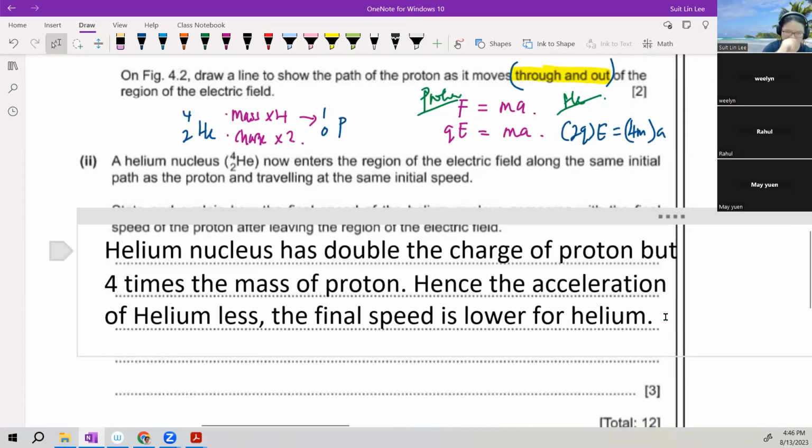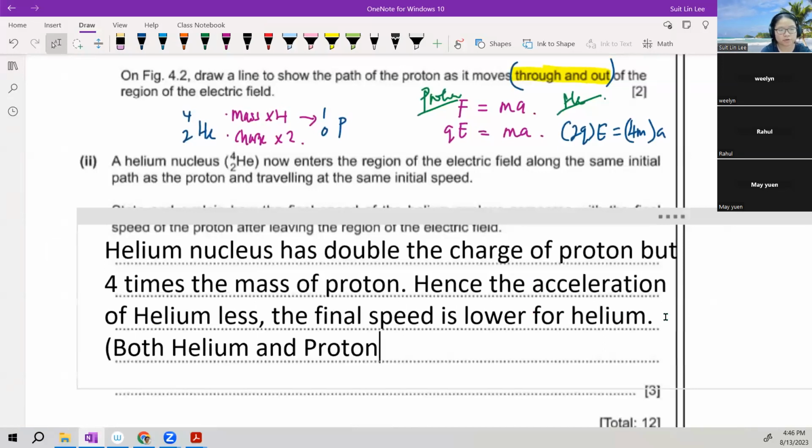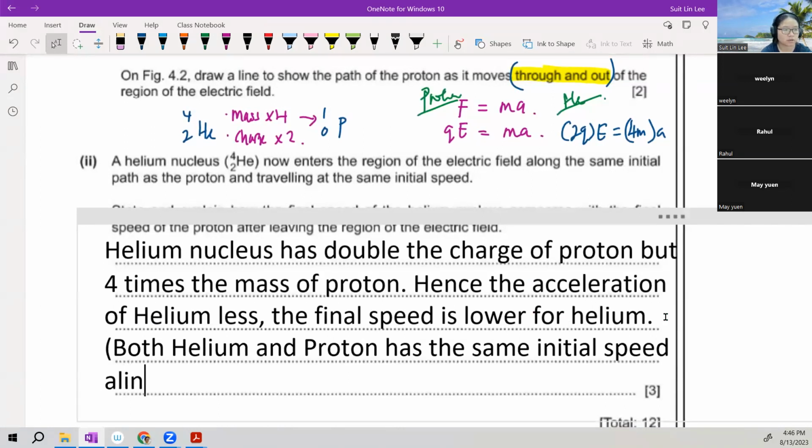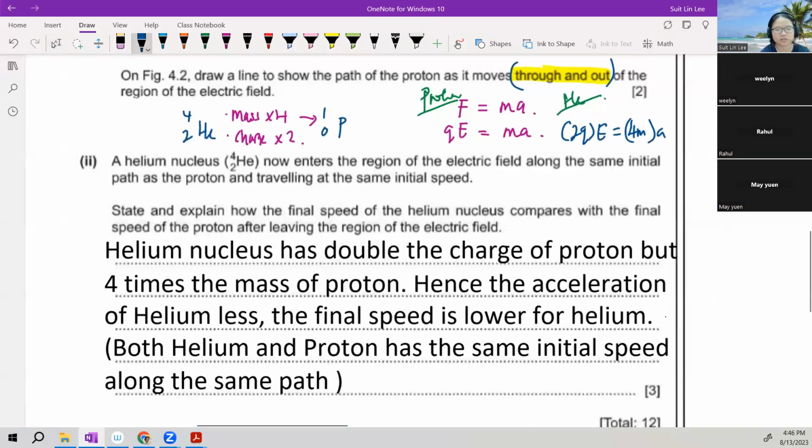If you think about it, at the same time, you also need to mention both helium and proton have the same initial speed along the same path. So that's why I can say less acceleration means the final speed is lower. So the first mark is when you mention the evidence that the acceleration is less.